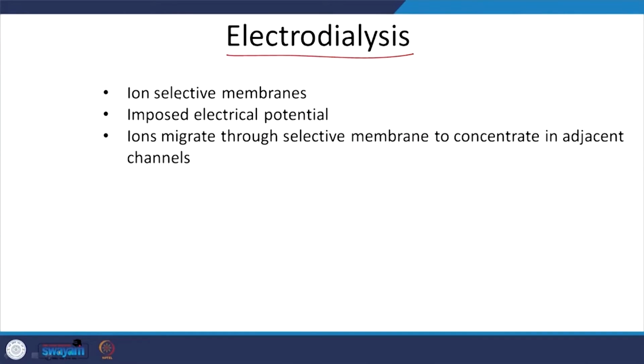You can't end up with water that is charged. Let us see how that is brought about. You are going to have three major aspects here: ion selective membranes, and an imposed electrical potential. The key aspect is that the ions are going to migrate through these ion selective membranes.